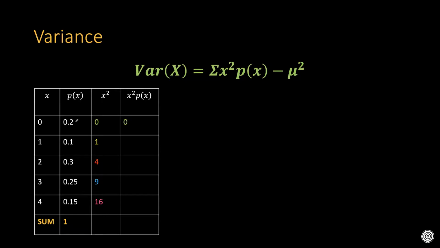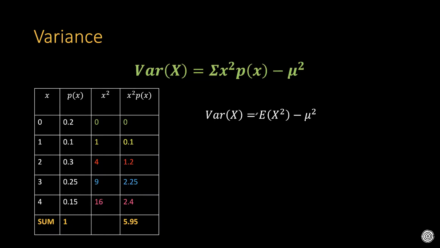In this case, it's 0 times 0.2. Here it's 1 times 0.1. Here it's 4 times 0.3, then 9 times 0.25, then 16 times 0.15. I then add all of these values together, and that gives me 5.95.